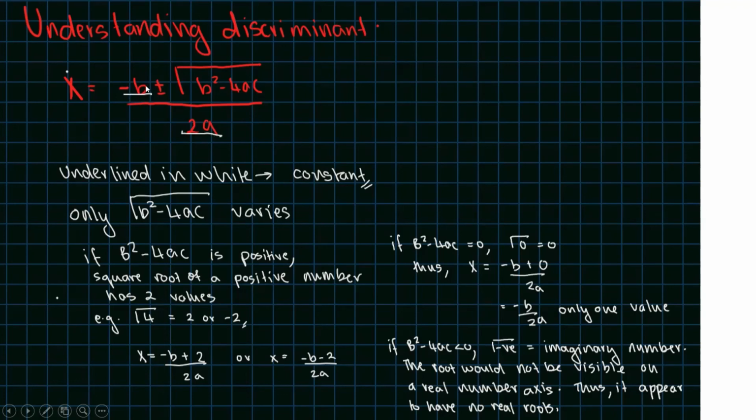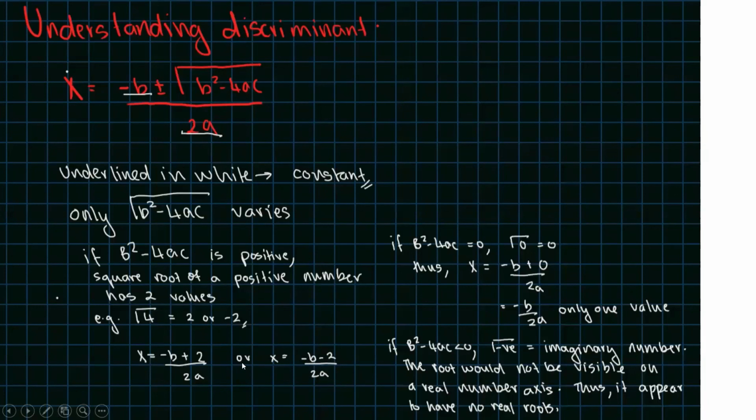However, the square root of b squared minus 4ac varies because it can have a positive or negative value, and you're square rooting it. If b squared minus 4ac is positive, the square root of a positive number has two values. So the square root of 4 can be 2 or minus 2. Assuming b squared minus 4ac is 4, it'll be x equals negative b plus 2 over 2a, or x equals negative b minus 2 over 2a.